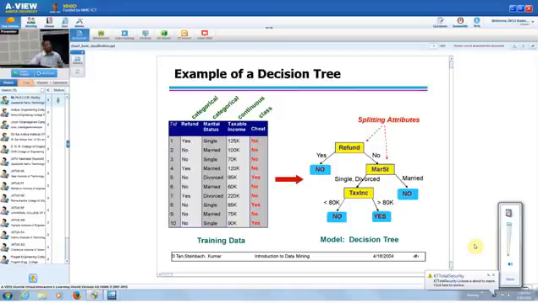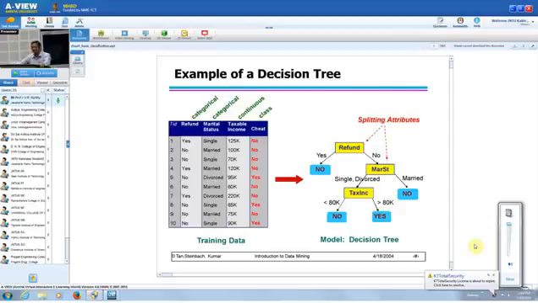Yes, one more point before I forget, before I come to the actual training data. Observe different things. What kinds of nodes are going to be there? That's the first point.